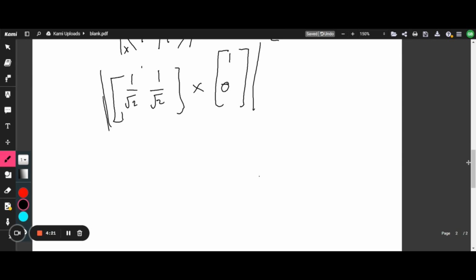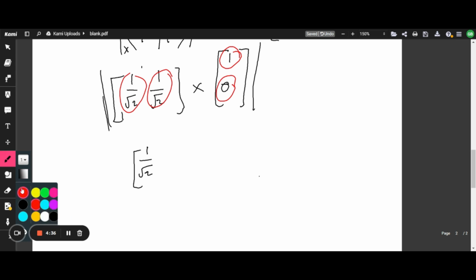Multiplying this, we would get 1 over square root 2 times 1, which would be 1 over square root 2, and then 1 over square root 2 times 0, which would be 0. So we get our answer as 1 over square root 2.